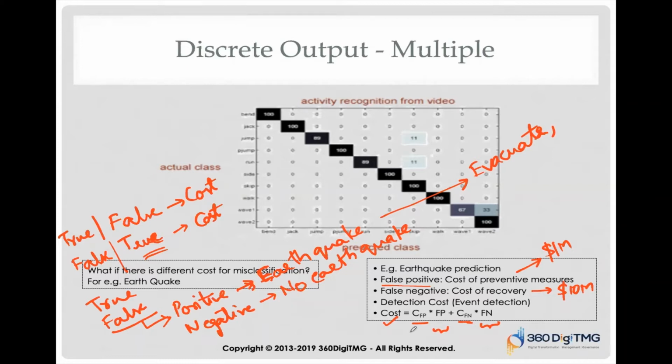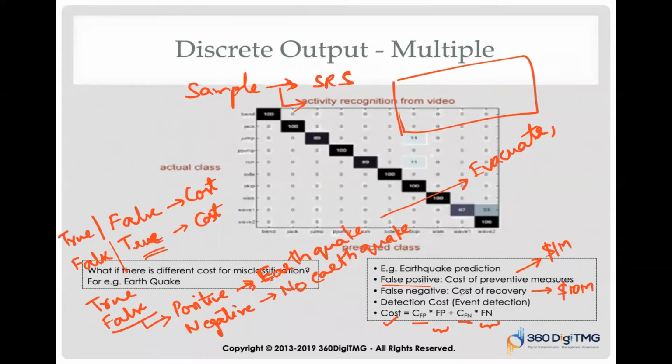Now, what do I do with this? Apart from knowing the cost, what else can I do? When you sample your data, of course, simple random sampling is the best. However, when the cost of misclassification of positive and negative is different, then you need to do some kind of weighted sampling. What does that mean? You look at which scenario is more dangerous, false negative.